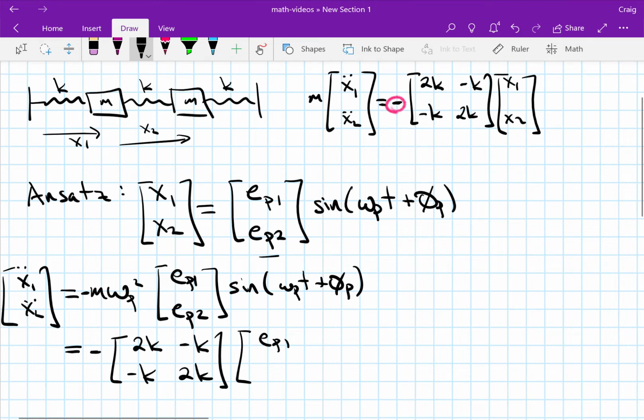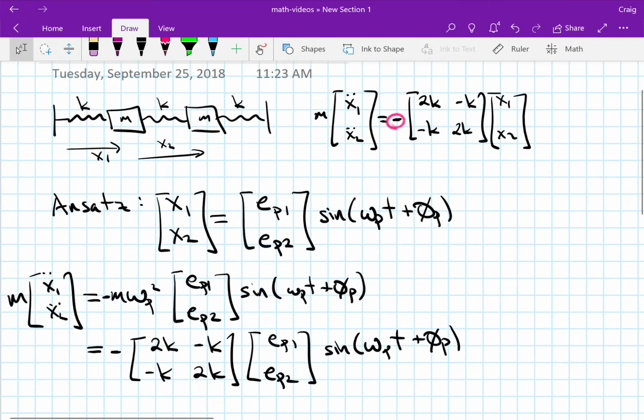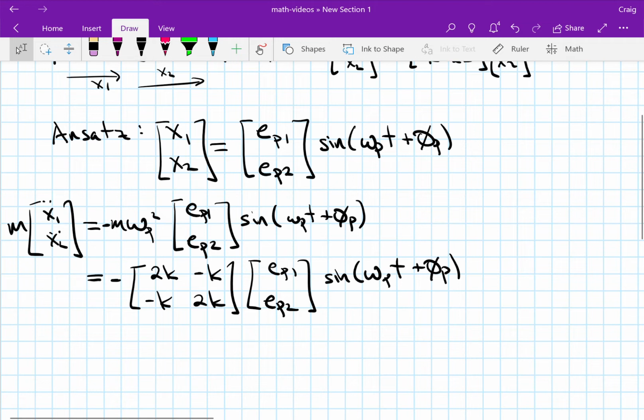And remember, our ansatz for x was that it looked like this, e_p1, e_p2, and then the time dependence sine of omega_p t plus phi_p. Okay, and we see on both sides of this equation the sines go out, so this implies that the left-hand side and the right-hand side are equal without the sines.